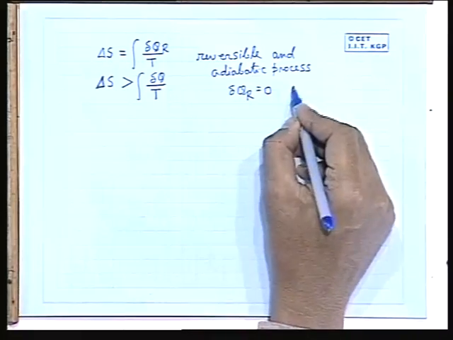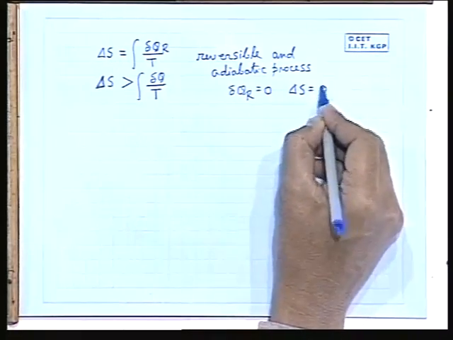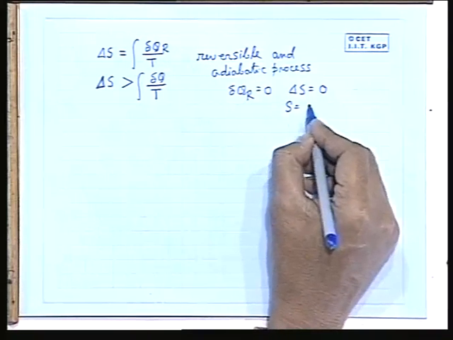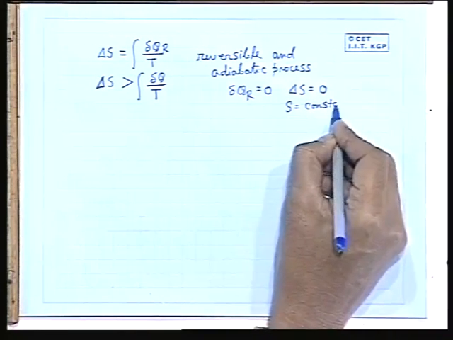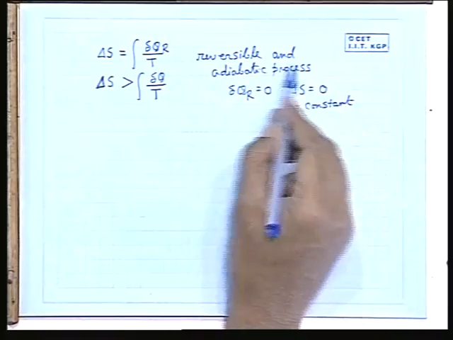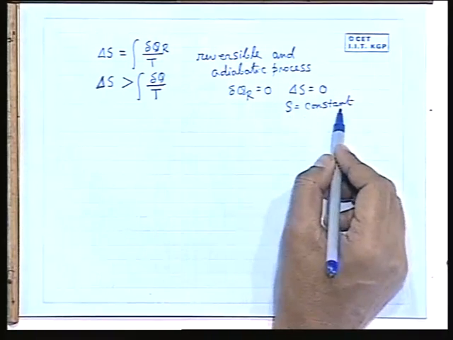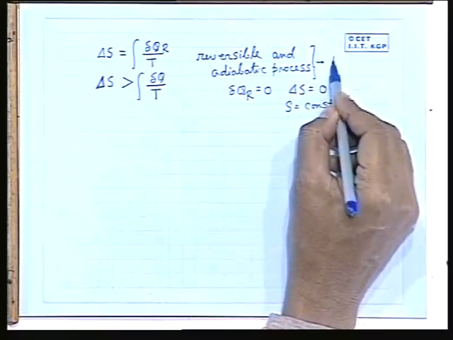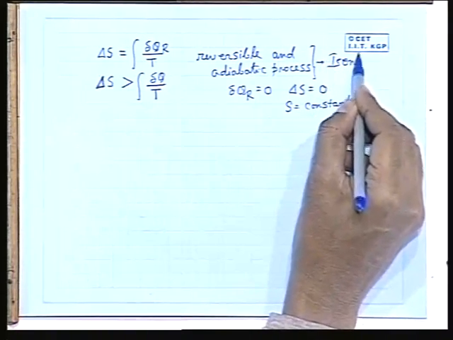So delta S becomes 0, which gives S is constant, which tells that in a reversible adiabatic process entropy remains constant. That is why a reversible adiabatic process is known as an isentropic process.